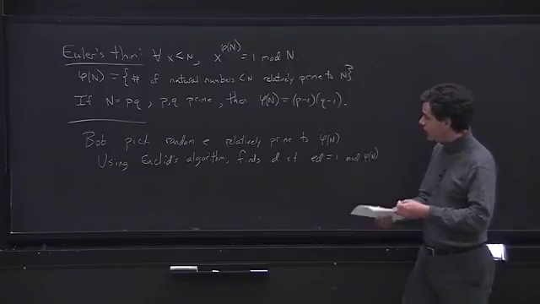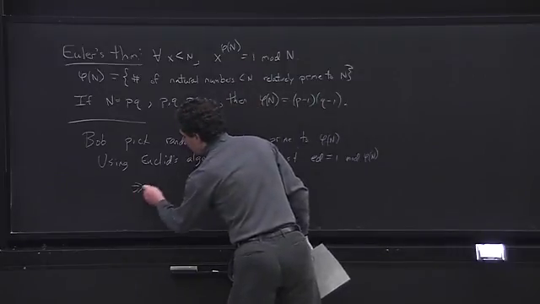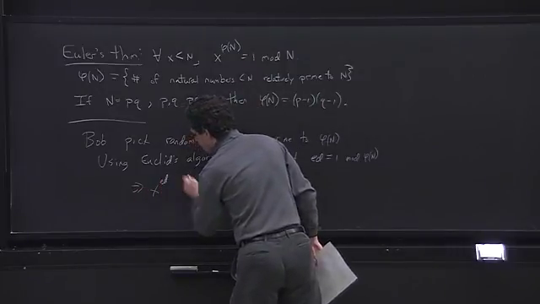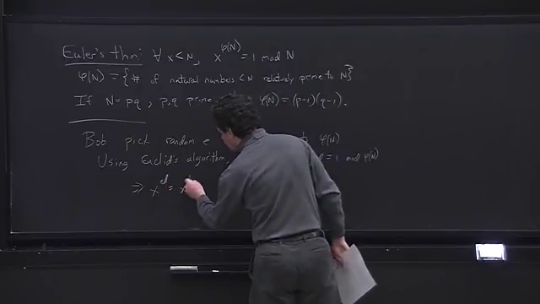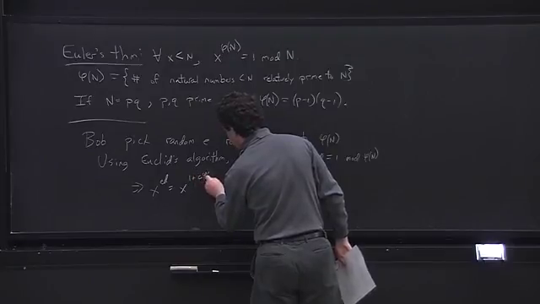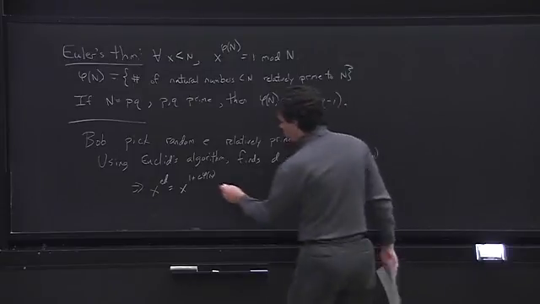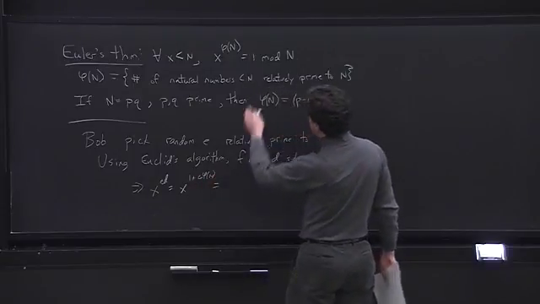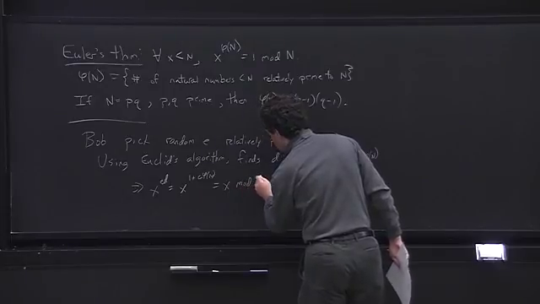Once he has this D, it has the desired property. Because x to the ED is going to be x to the 1 plus some c times phi of n, and x to the phi of n is equal to 1, so this is just equal to x mod n, as desired.